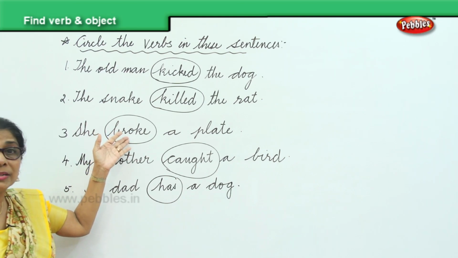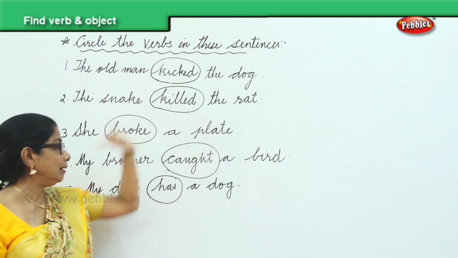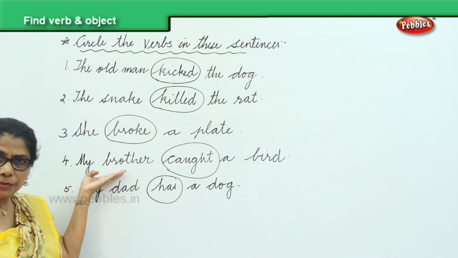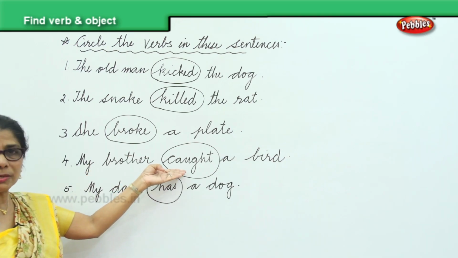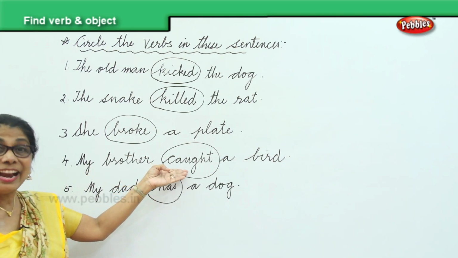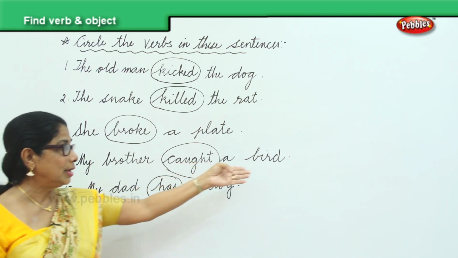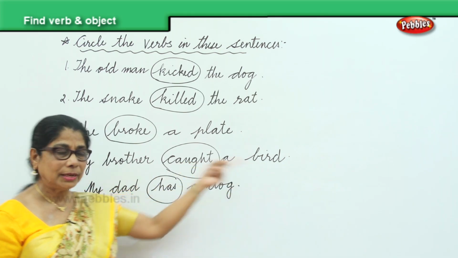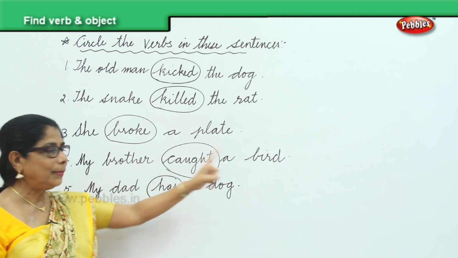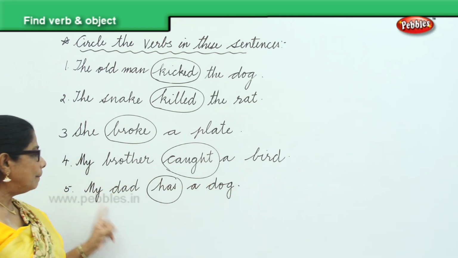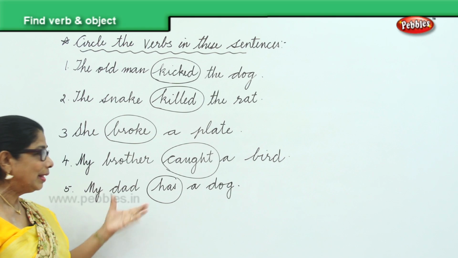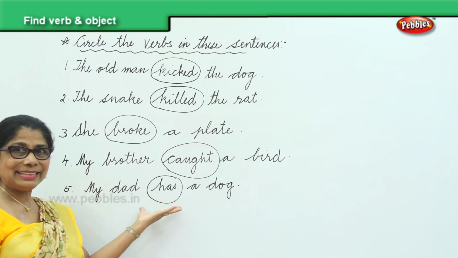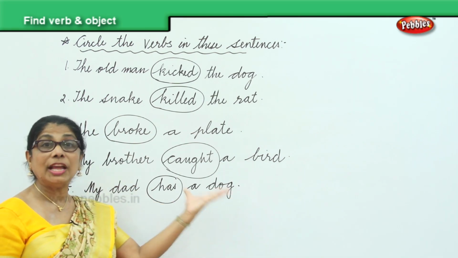Broke. What did she break? Plate. Now, my brother is the subject here. He caught. Caught is the verb. What did he catch? He caught a bird. So that is the object. Subject, verb, object. And here, my dad is the subject. What does he have? He has. That's the verb. A dog is the object.